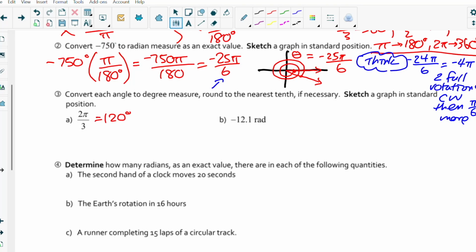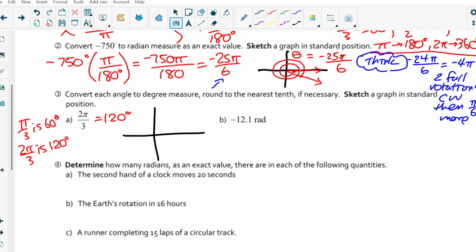So this one you should be able to do by mental math. That's what I'm thinking in my head.